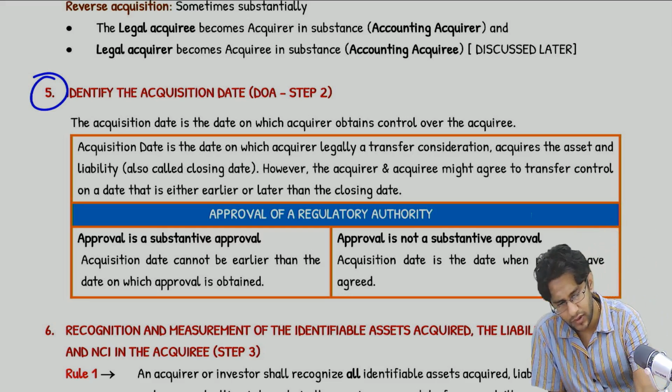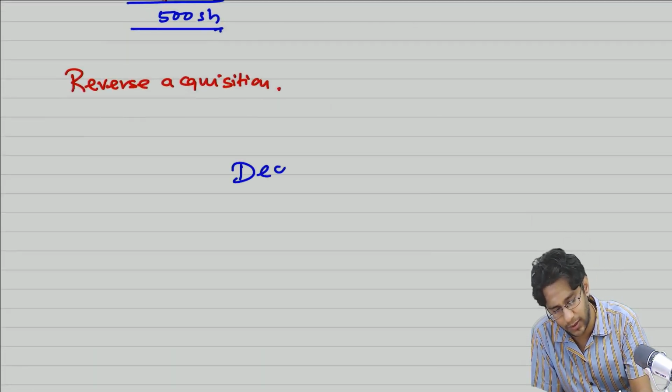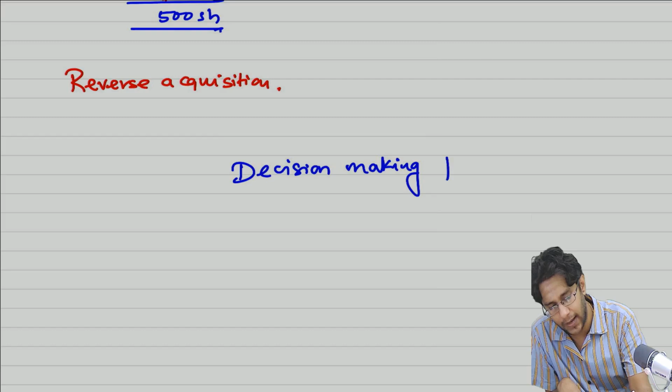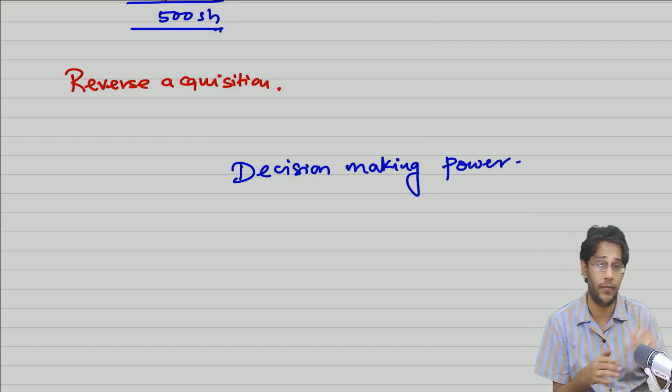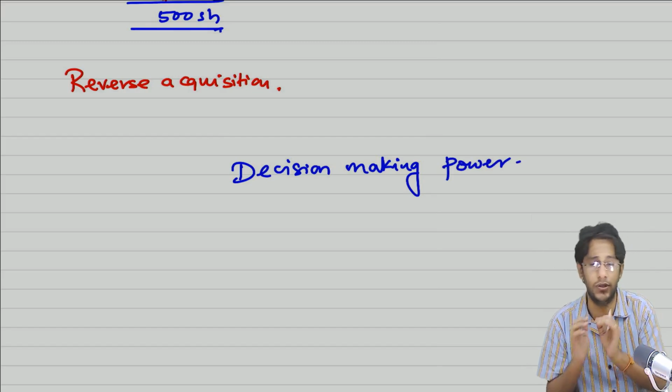Now, generally, sir, what does obtaining control mean? Simply put, decision making power. So when the decision making power changes hands from the acquiree to the acquirer, that date is called the acquisition date.